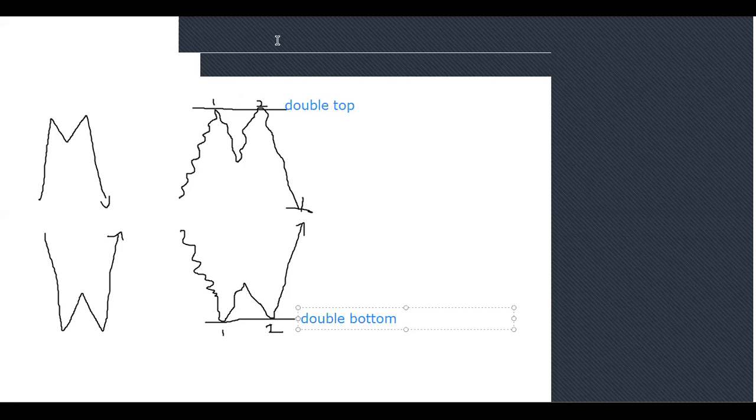Okay, so there's another pattern we will talk about again, which is the triple top, so that the market moves up, does a reversal, moves up again, reverses, then the third time before we see the push to the downside. So this being our very first top, second top, and then the third top.